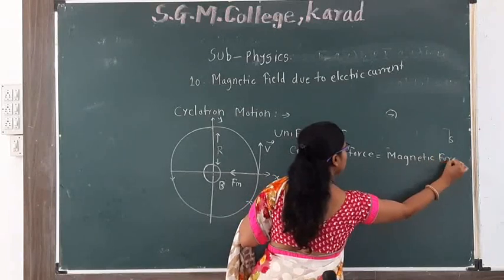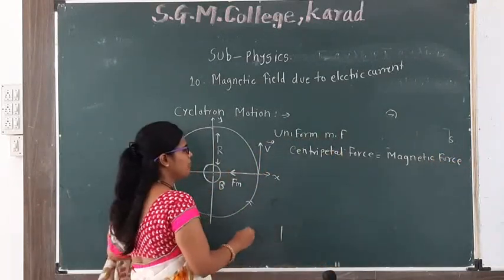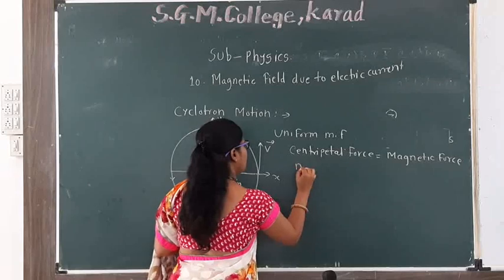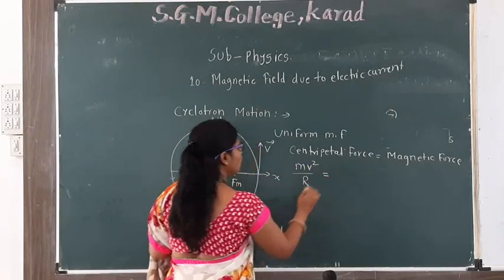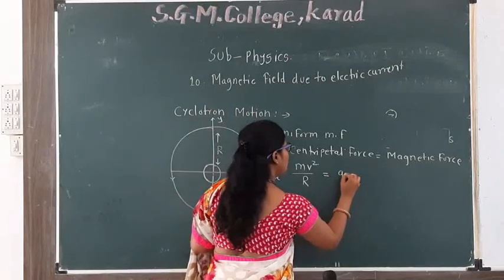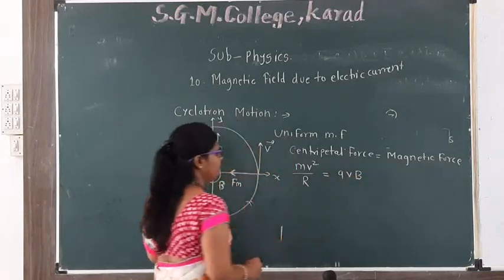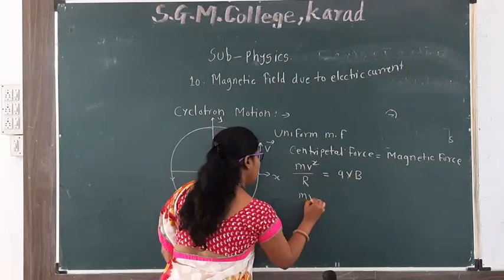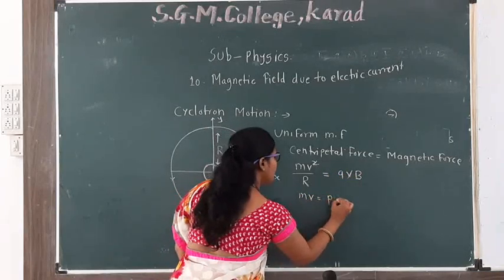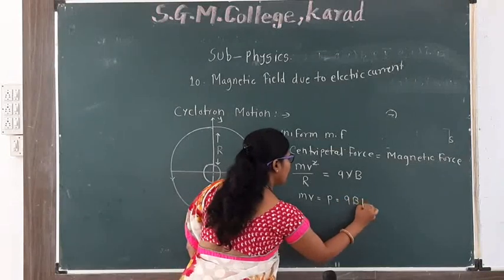Centripetal force is mv squared upon r, which is equal to qvB. Now we cancel, then mv, which is p, is equal to qBr.